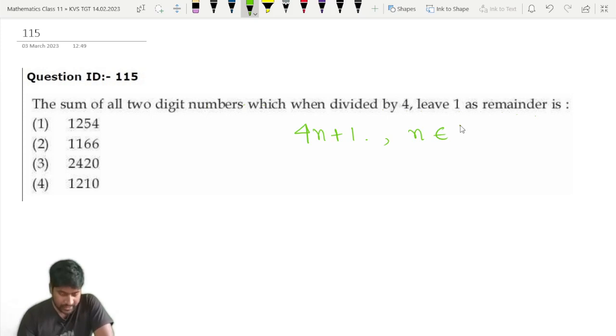okay, n is equal to 0, 1, 2, 3, 4, all non-negative integers. So let me write it like n is equal to 0, 1, 2, 3, dot dot, like that it will go.